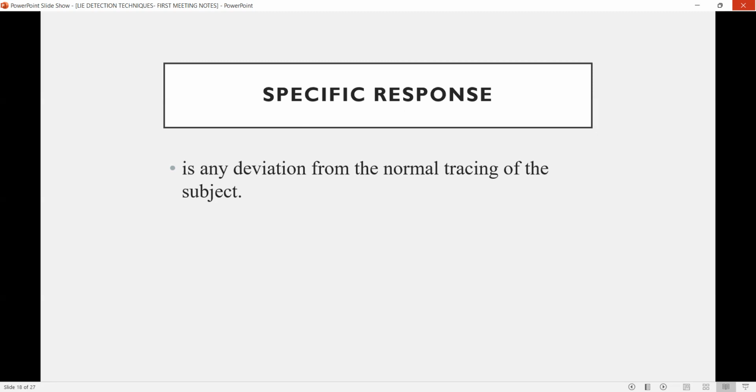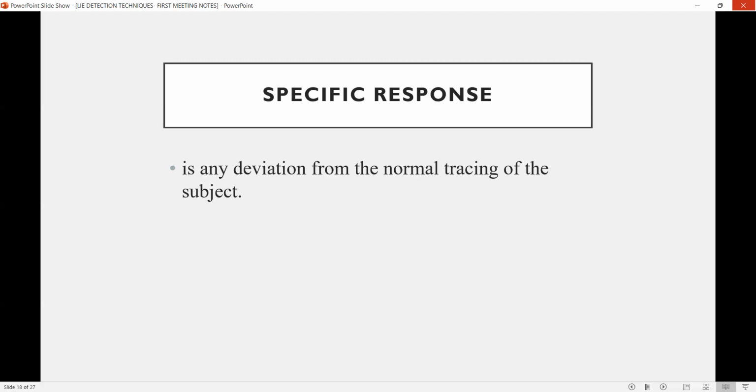And if propounda na ganit nimo siya mga relevant questions, of course, mo deviate na gyud sa normal tracing. Like, did you commit this crime? Is this the gun that you used during the commission of the crime, etc. So, mo deviate na siya sa normal tracing kay mag-ana involuntary changes sa imong blood pressure, sa imong GSR, or sa imong pulse rate or heartbeat.